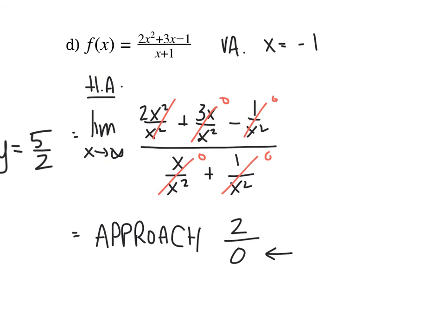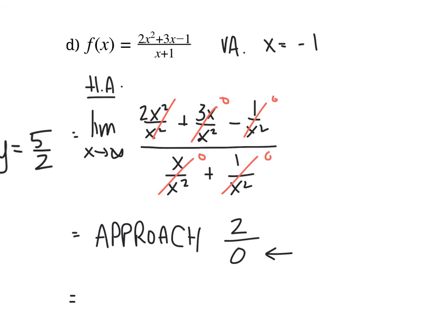What happens to that whole term? As the denominator gets closer and closer to 0, 2 divided by a very, very small number approaches infinity, because 2 divided by something like 0.000000001 is a large number. So the limit actually evaluates as infinity.